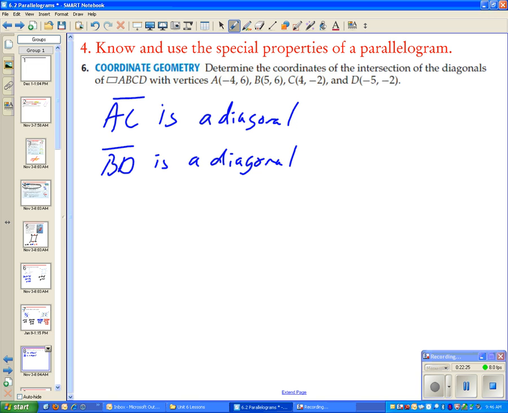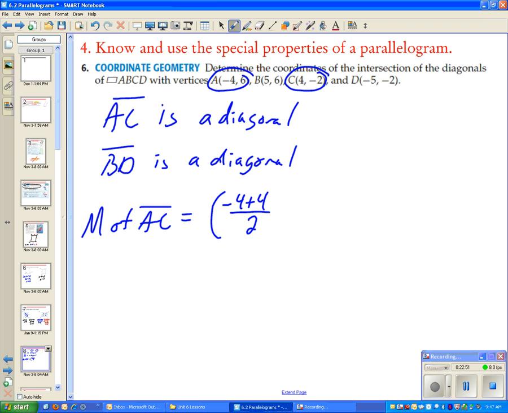Okay? So let's get the midpoint of segment AC. To get the midpoint, remember how that works? You add the x coordinates of your end points together and divide by 2. Then you add the y coordinates of your end points together and divide by 2. So if I'm using A and C, add the x coordinates together, -4 plus 4, divide by 2, and then add the y coordinates together, 6 plus -2, and divide by 2.